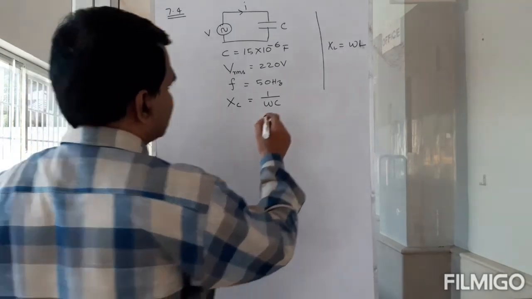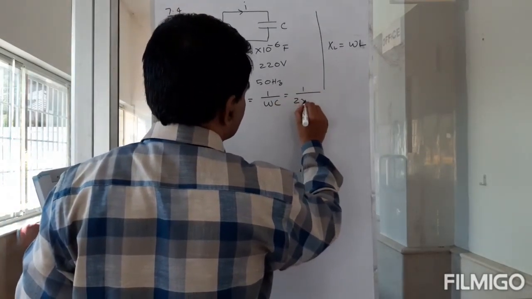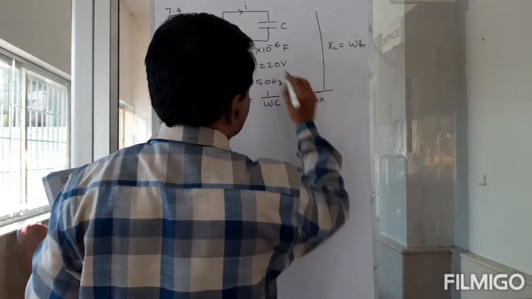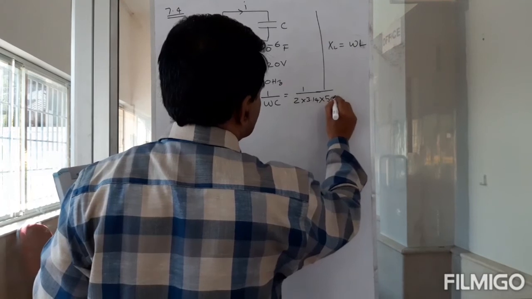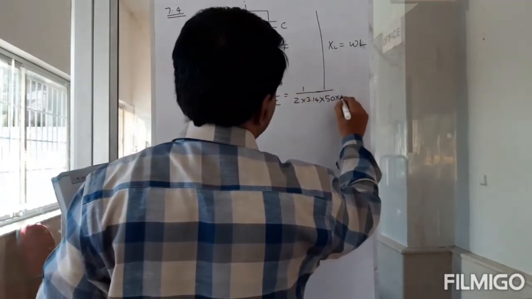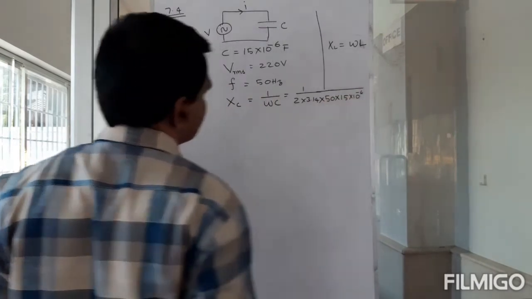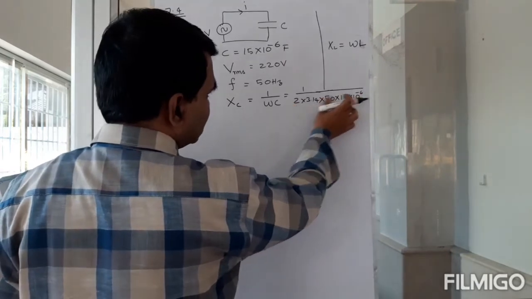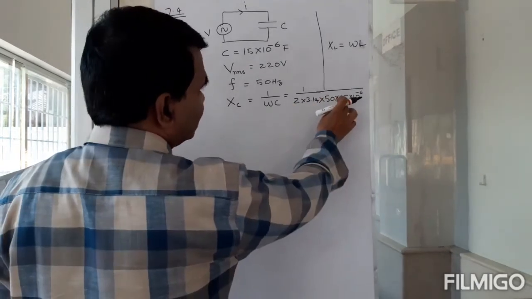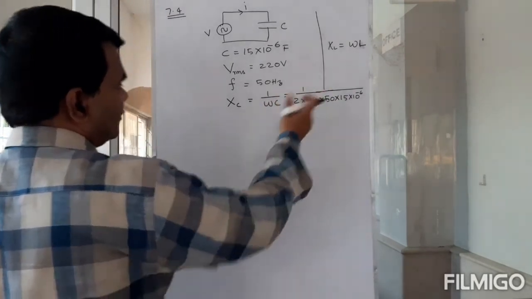What is this then? This is going to be equal to 1 by 2 into pi 3.14 into F, which is 50 hertz, into C, 15 into 10 power minus 6. So this is 100 into 10 power minus 4, and 15 into 3 is 45, somewhere around that.